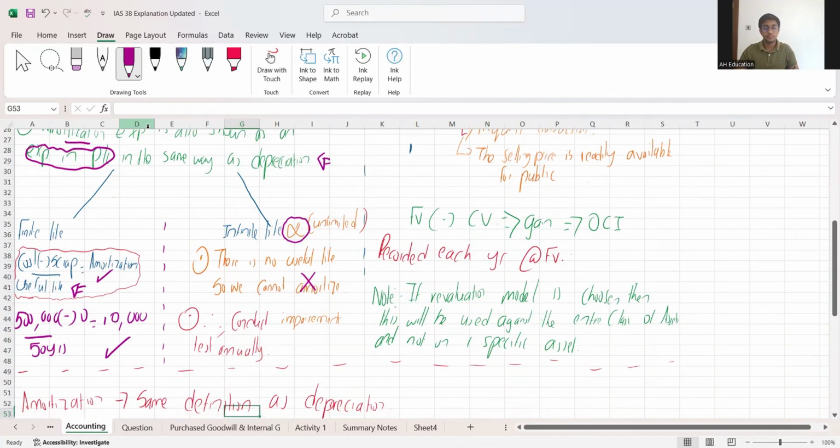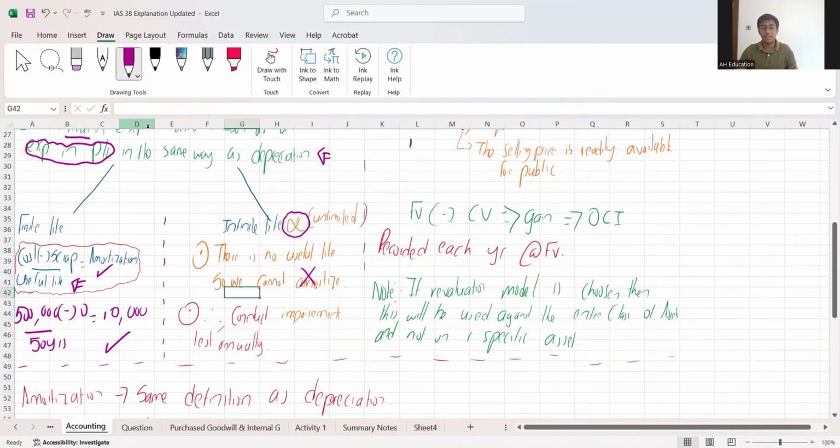Now, in terms of amortization, there are two methods or two subsections. One is your finite life. Finite life means you can easily determine its useful life. It can be 5 years, it can be 10, 15, 8, 2 years. You can easily determine the useful life, right?